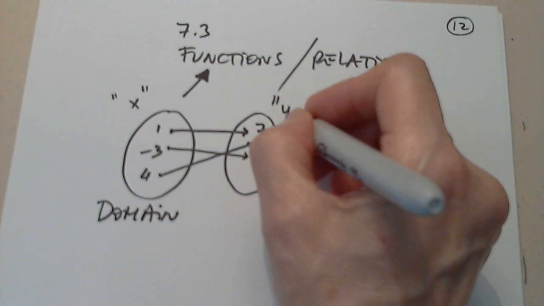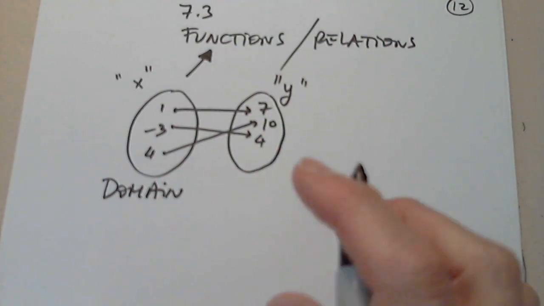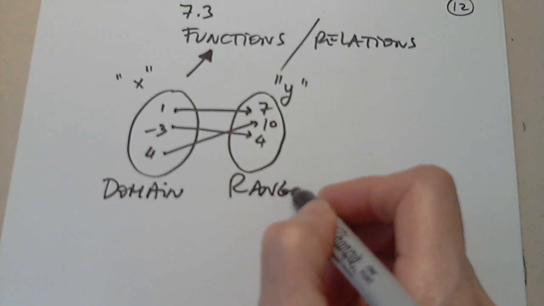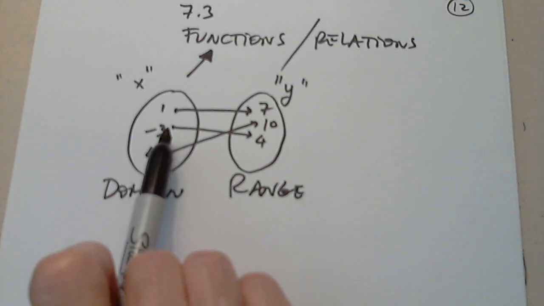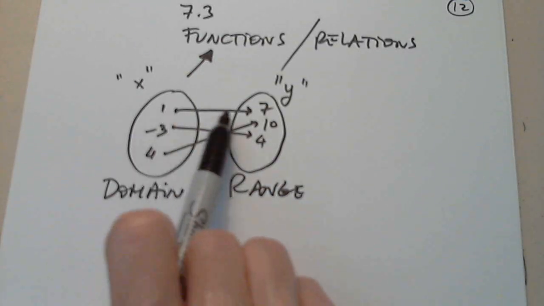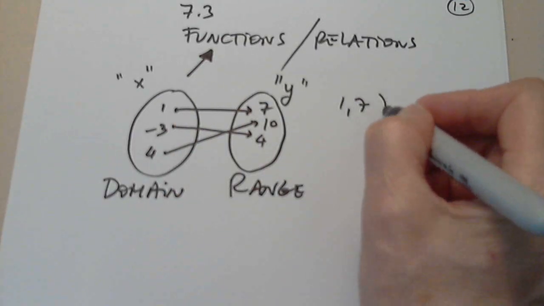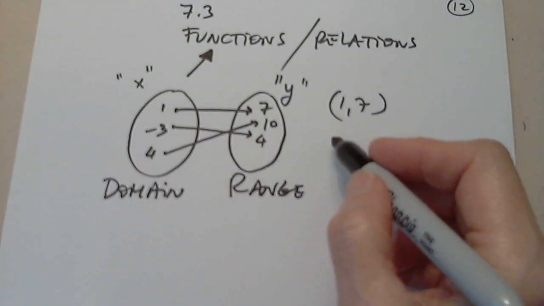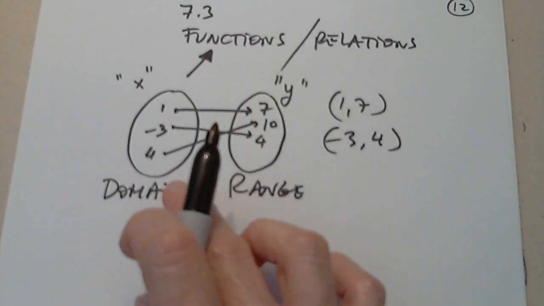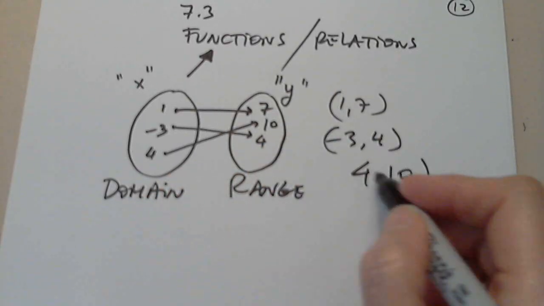This set is called the set of values of y, also called range. And as you notice, x and y, I created ordered pairs. 1 corresponds to 7, meaning I created an ordered pair 1, 7. -3 corresponds to 4. And 4 corresponds to 10.